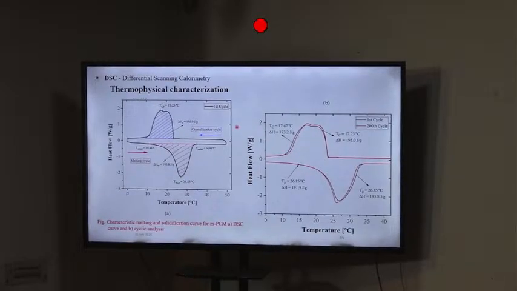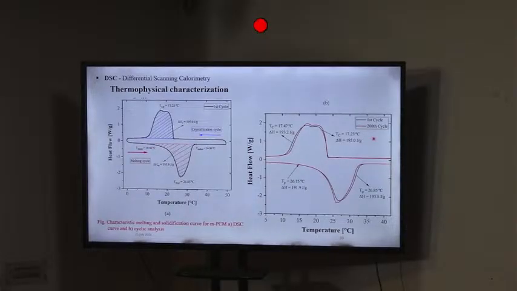Another part is the estimation of the storage capabilities, done using differential scanning calorimetry. We wanted to understand the phase change properties of these microcapsules and find the peak temperature and the peak enthalpy at which it changes phase and crystallizes. We then ran cycles to see whether the microencapsulated slurry loses its efficacy.